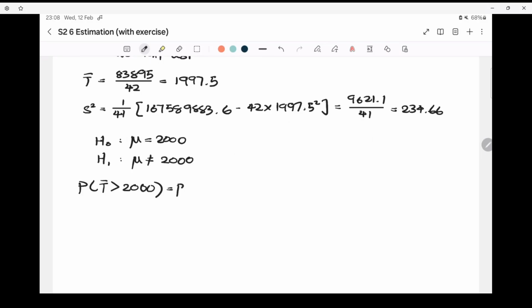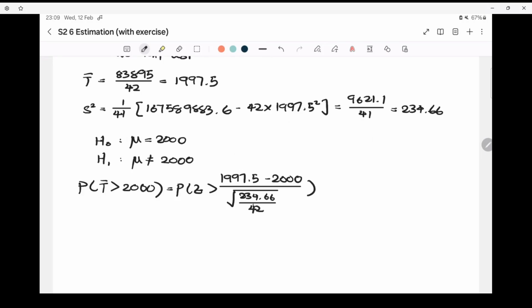This will be P(Z greater than (1997.5 minus 2000) divided by the square root of 234.66 divided by 42).